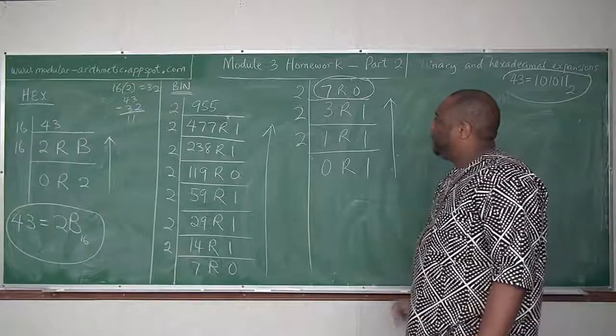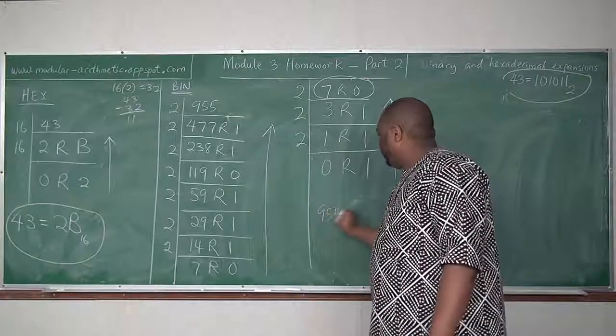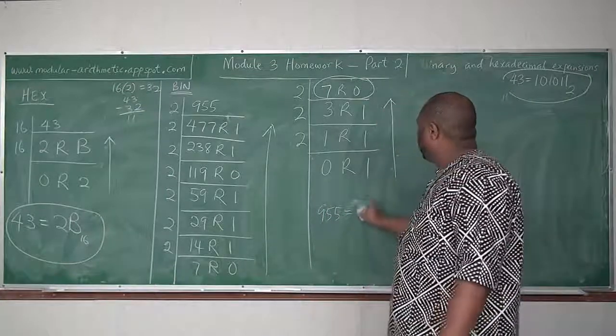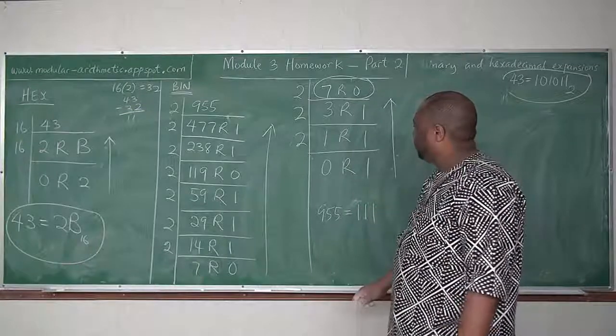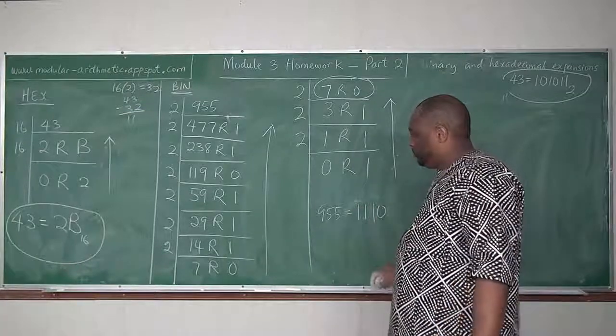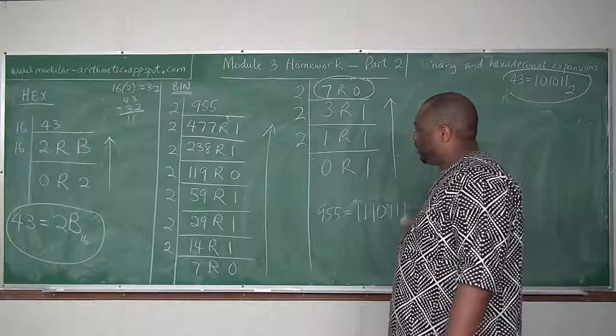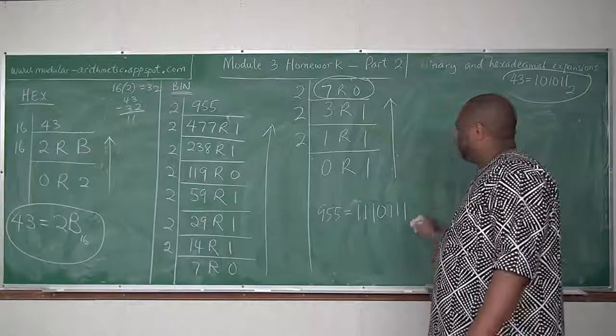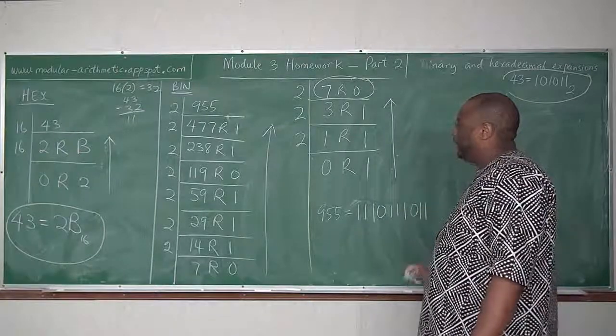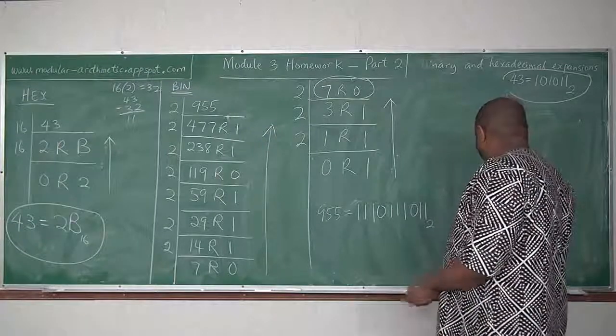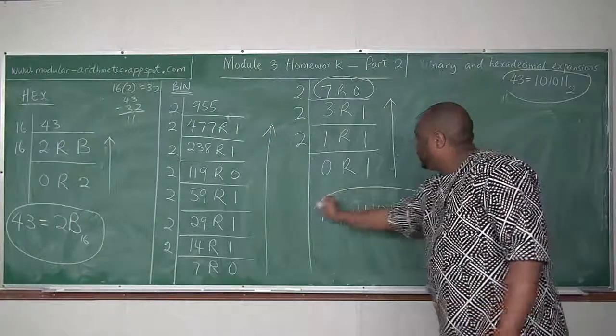Alright, so we see that 955 in base 10 will give us 1110111011 in base 2. And this becomes our answer here.